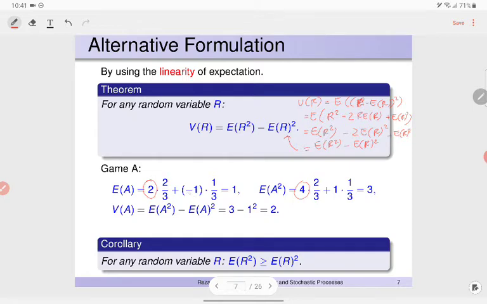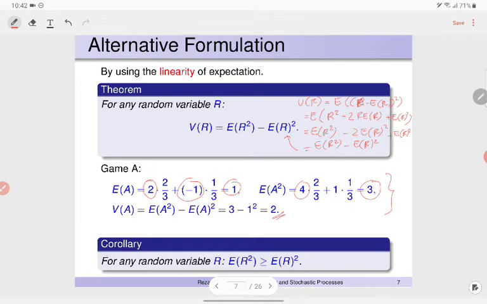The square of the expectation, take this and square it, which is equal to 1. So the final result is 3. Therefore, the variance of R is the expectation of R squared, namely this one, which is equal to 3, minus the square of the expectation, namely this one squared, which is equal to 2. And this allows us easy computation.